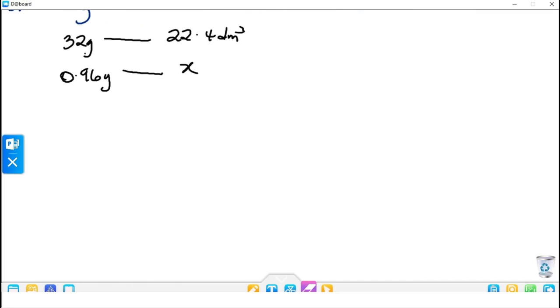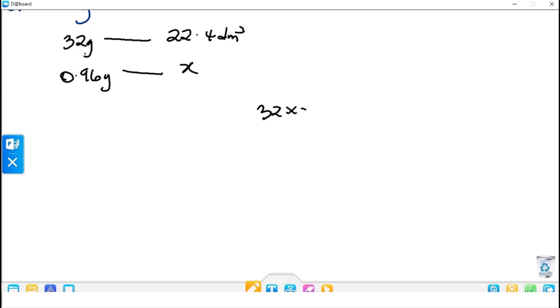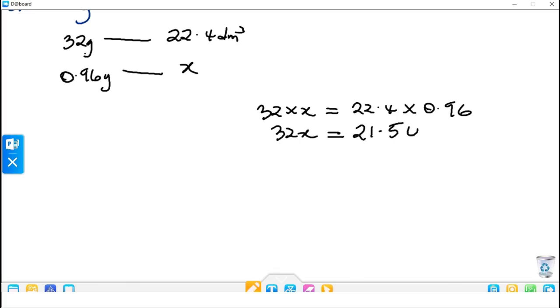To cross multiply now, we have 32 times X is equal to 22.4 times 0.96. So 32X is equal to 22.4 times 0.96. 0.96 times 22.4 gives us 21.504.